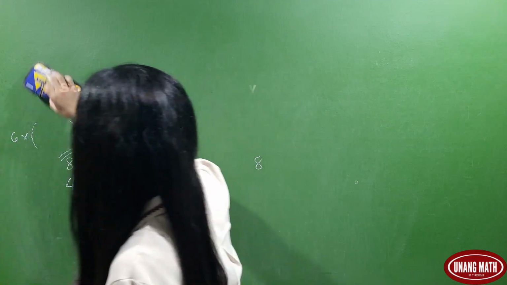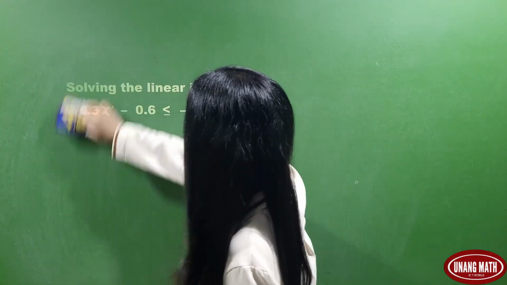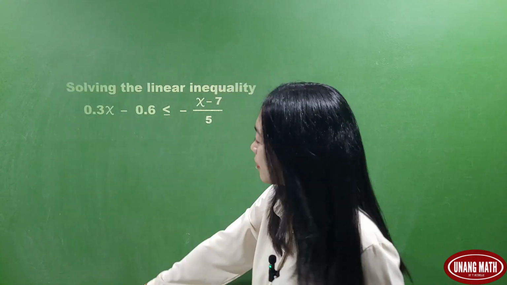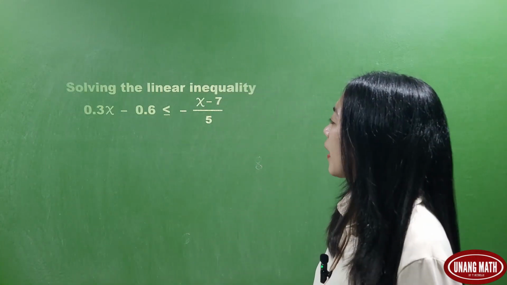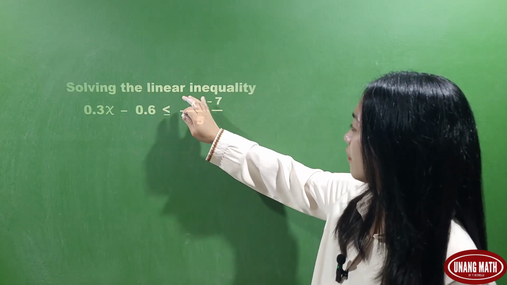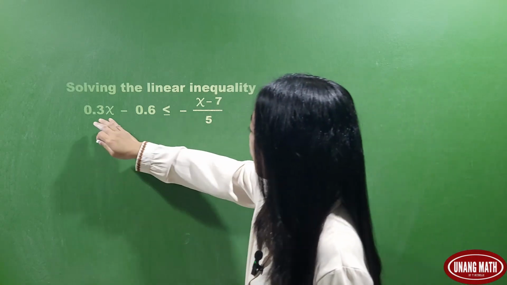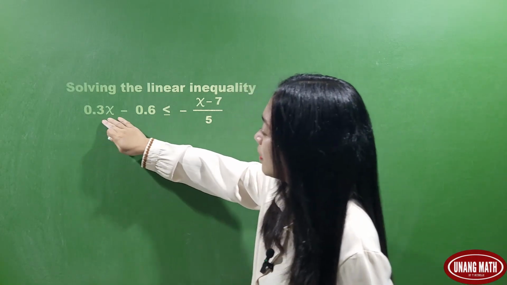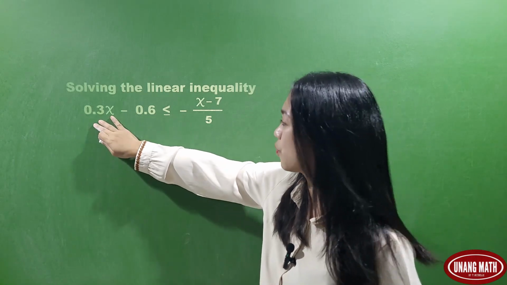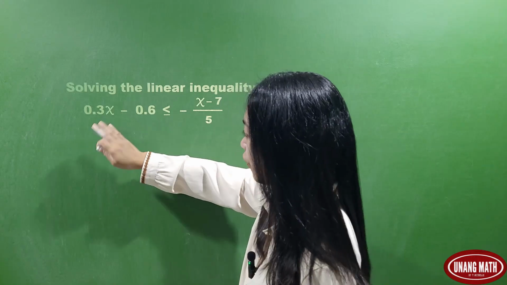Okay, this time, let's solve this simple problem. Solving this linear inequality, 0.3x minus 0.6 is less than or equal to negative x minus 7 over 5. Since the coefficient is a decimal number, we have to convert this one to an integer by multiplying by a power of 10.